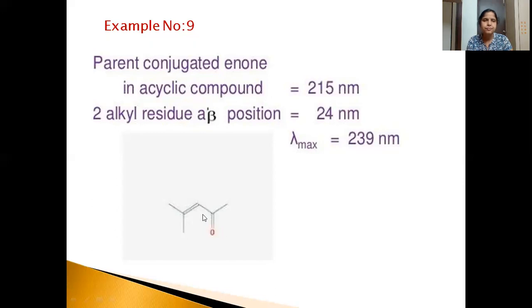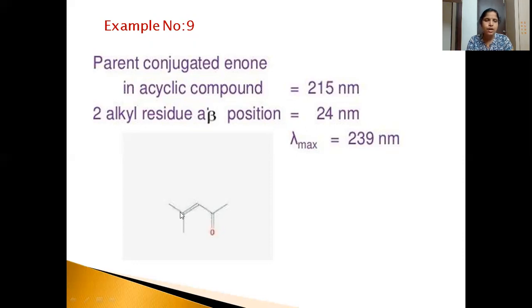It is acyclic, not part of a ring. So it is an acyclic enone with the base value of 215 nanometers. And there are alkyl substituents. At this carbon, you can see this is one alkyl substituent and this is another one.